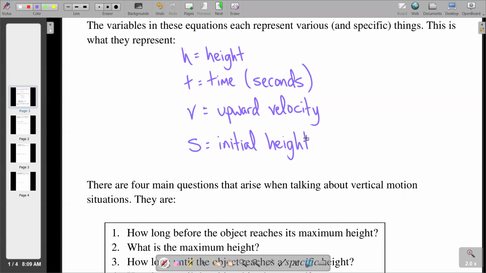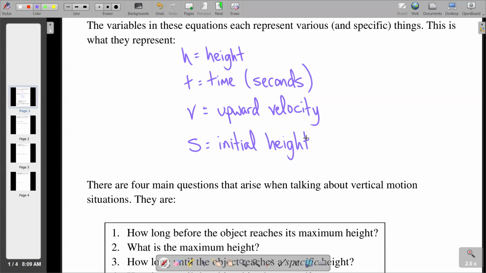If something gets launched from a tower, then the initial height might be 50 feet, depending on the height of the tower. If I hit a golf ball off the ground, what's my golf ball's initial height? 0. So understand it's how high the object is off the ground when it begins its parabolic flight. So sometimes it's 0.